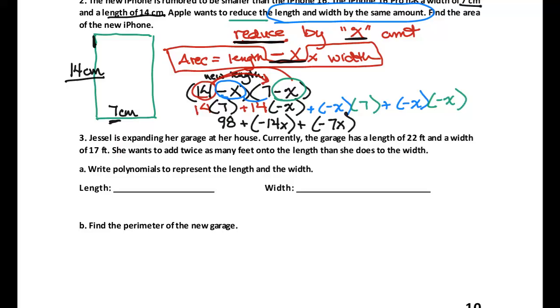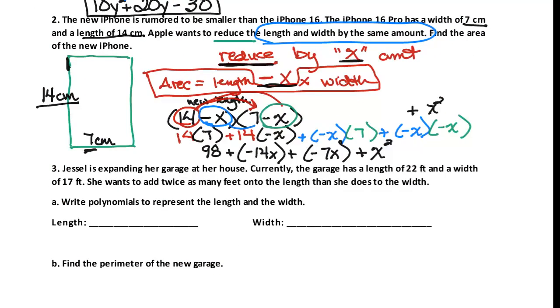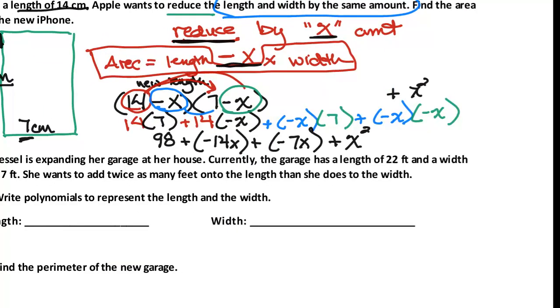Notice I'm putting those negatives with the parentheses around them just so I know they are negative. Plus, what is a negative times a negative? A positive, and x times x is going to be x squared. Okay? All right. Here are my like terms inside in the middle.